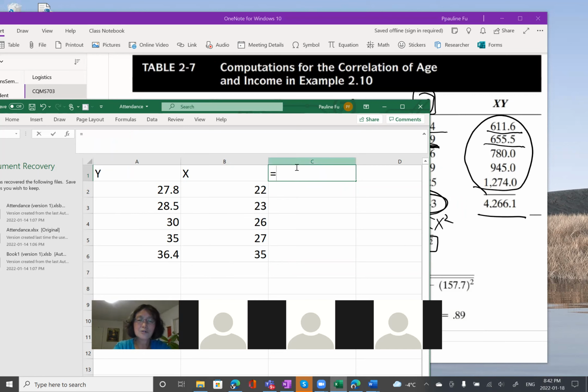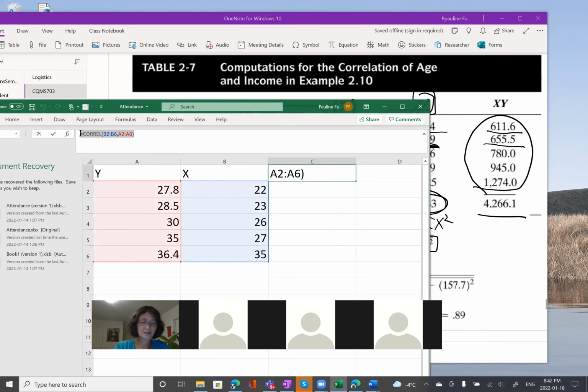I'll redo it. For the y, Professor, you only selected the 6. Yes, thank you for your observation. Y should be the full range. Thank you so much. This time should be okay. So 0.89. Okay, 0.89. So that is the Excel CORREL function.